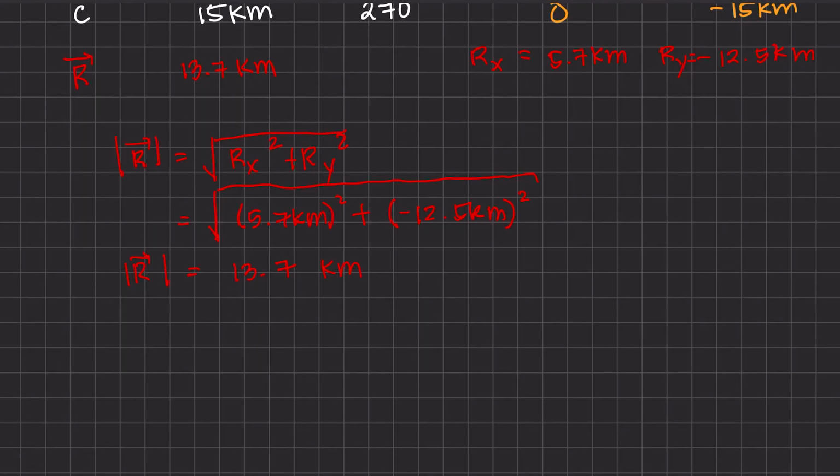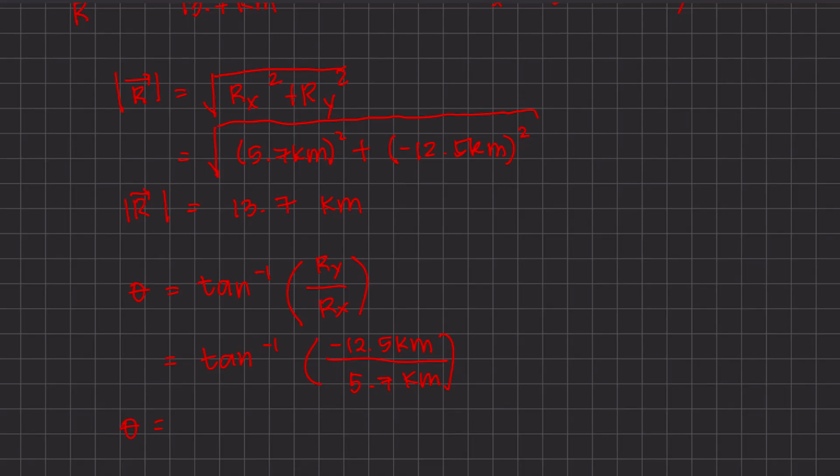For the angle, to solve for the angle, we could make use of arctan. So arctan, we could have Ry over Rx. So this is arctan Ry negative 12.5 over 5.7 kilometers. Theta is negative 65.5 degrees.